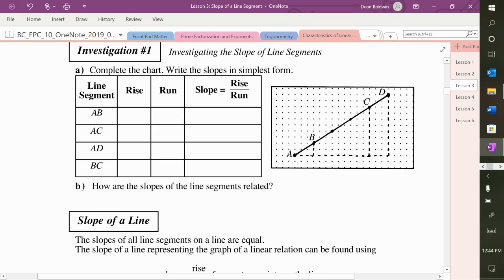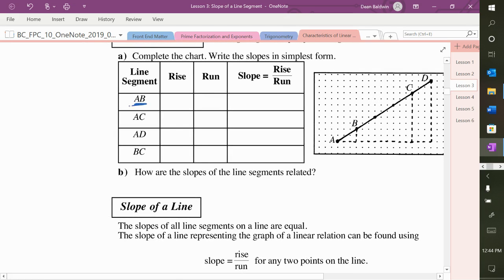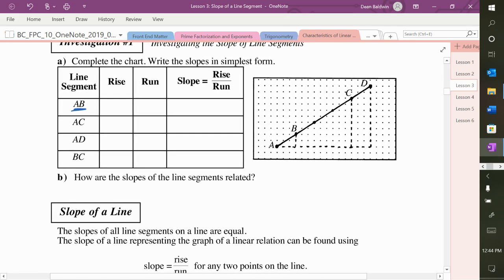So, between A and B, they have drawn the triangle for us. What is my run from A to B? 3. What's my rise? What's my slope? 2/3. Okay.